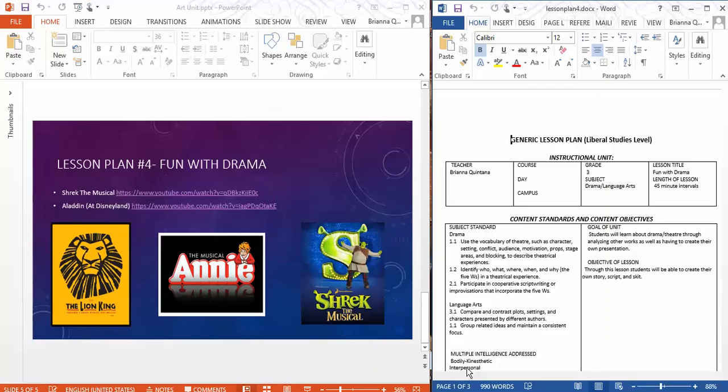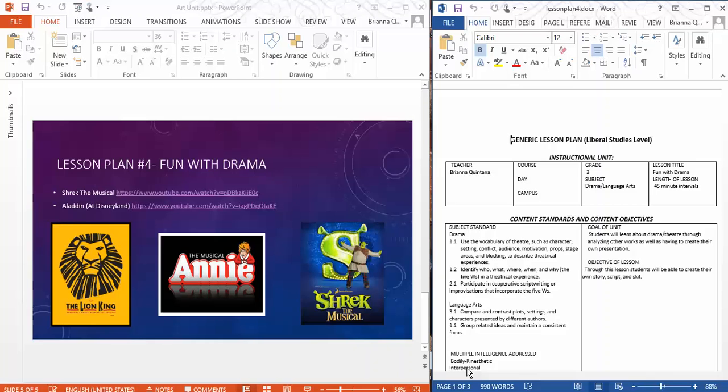They will be looking at the script for different things, such as the vocabulary that is used, or theater vocabulary. Looking at the 5 W's, which are part of the standards, which are who, what, where, when, and why. Students will also be learning how to work in a group to create a script.